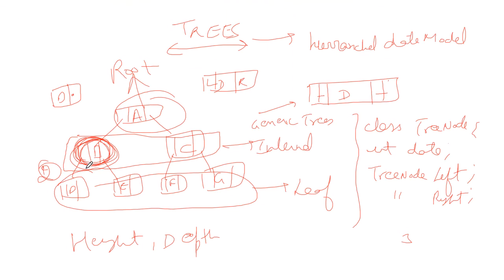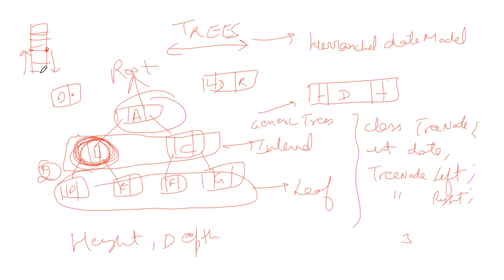And what is the height of B? The distance of the root till that node. So depth is similar to a building, we can just imagine it that way. Depth of this is this distance, and height of this is this distance.